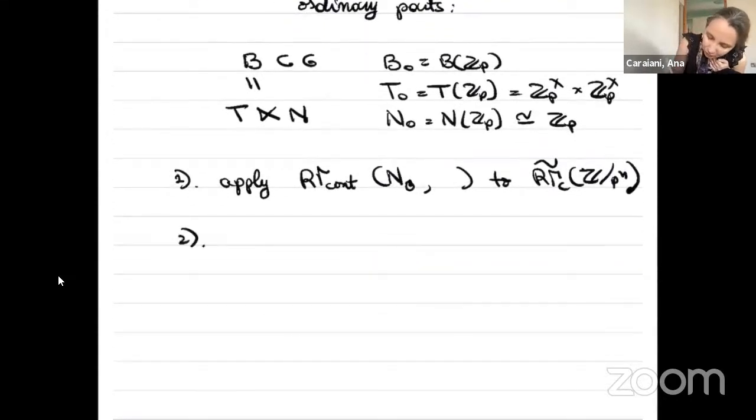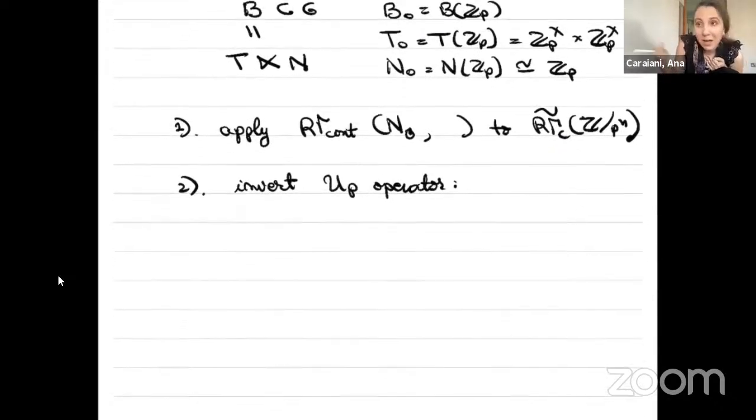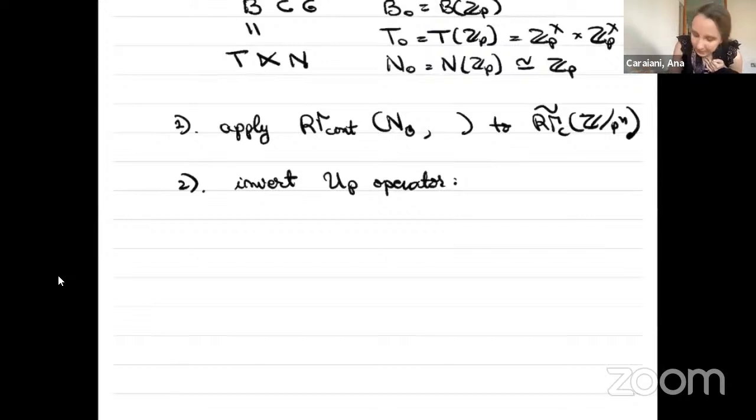Then you want to invert the U_p operator. So the U_p operator is going to be a Hecke operator that exists at this level. So for instance, it would go from R Gamma, let me skip the continuous. So whenever I do group cohomology of N0, I mean continuous group cohomology.